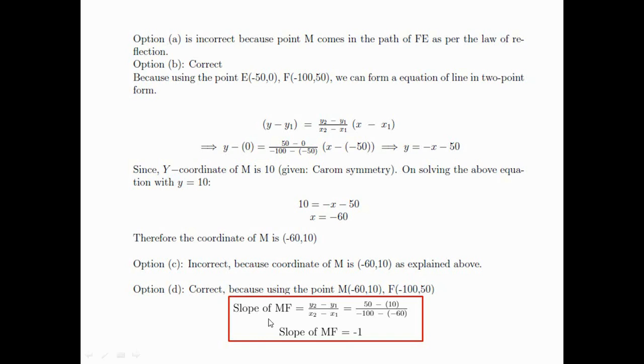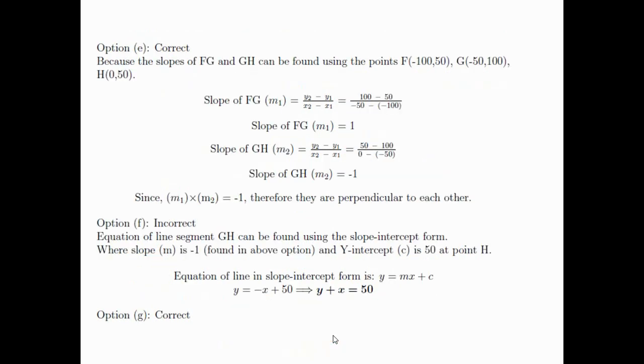And option D, we can get the slope of MF, that equals (y2 - y1)/(x2 - x1) = (50 - 10)/(-100 - (-60)). Therefore, slope of MF is equal to -1.